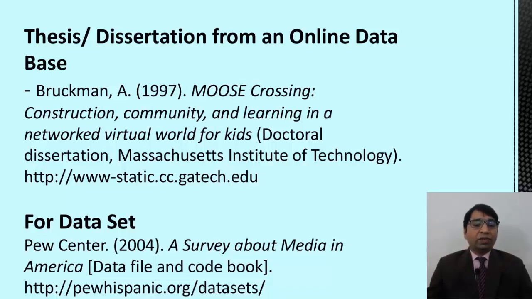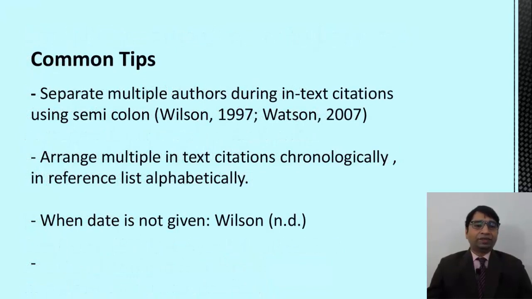For example, over here, Pew Center, full stop, year, and then the title of the data, whatever it is, and then data file and code book if there is any. And after that, you need to give the online link.